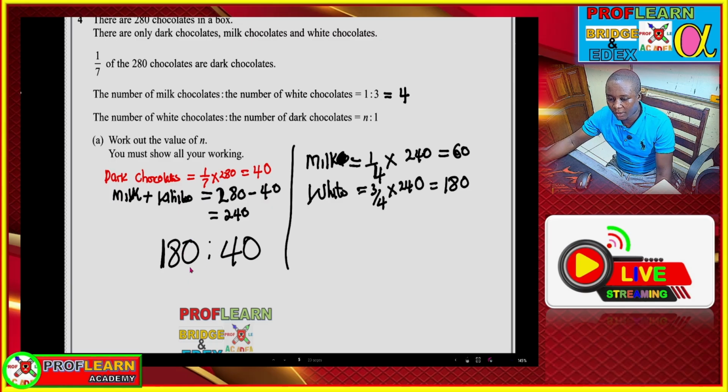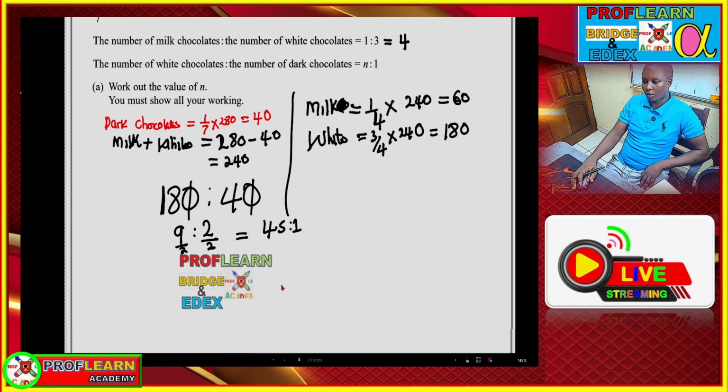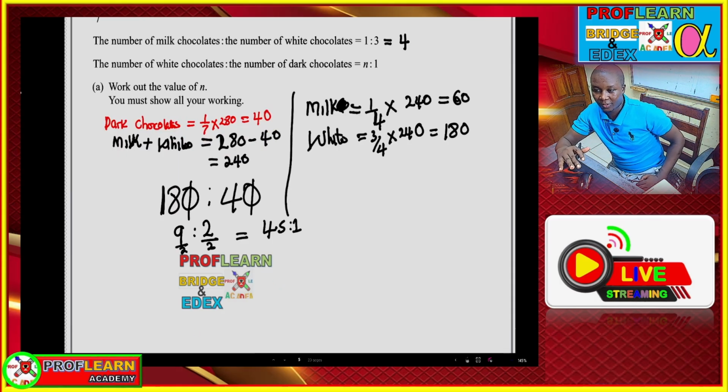If we simplify, the 0 and 0 will cancel out. 2 goes into 18 9 times, and 2 goes into 4 2 times. Then if you continue dividing, because here it is n is to 1, we want to remain with 1 on this side, so divide by 2, and this means that this is going to be 4.5 to 1. That is the ratio of white to dark.